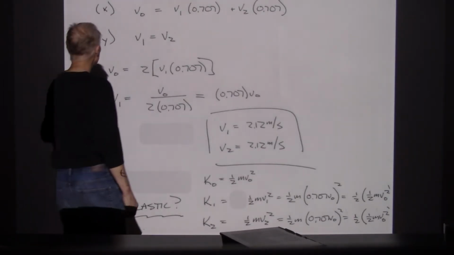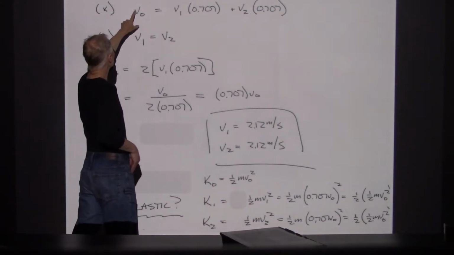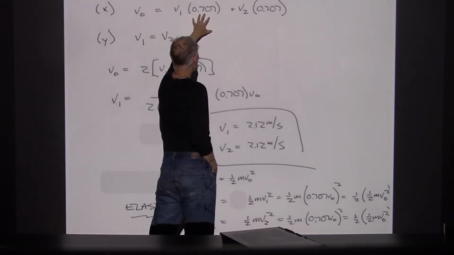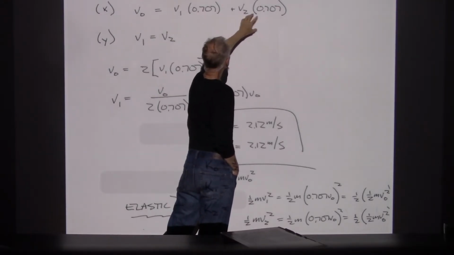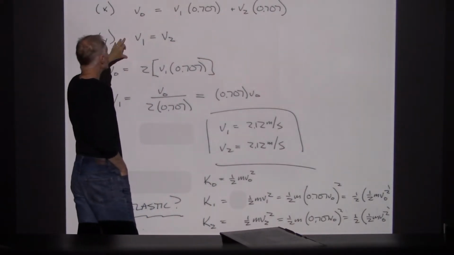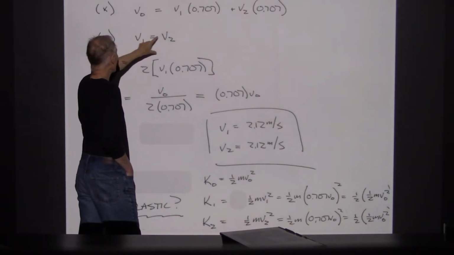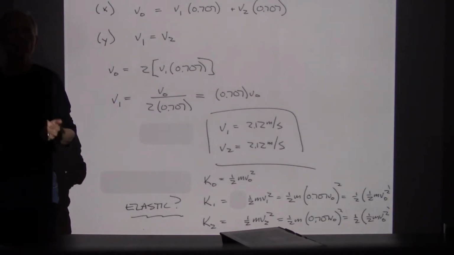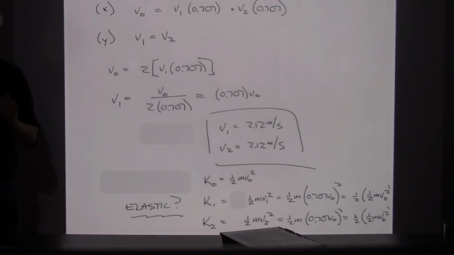Okay, so in the x direction, what we're seeing is V0 is equal to V1 times the cosine of 45 plus V2 times the cosine of 45. In the y direction, V1 has to equal V2. And that's because the masses are the same, the angles are the same, and the momentum needs to match.